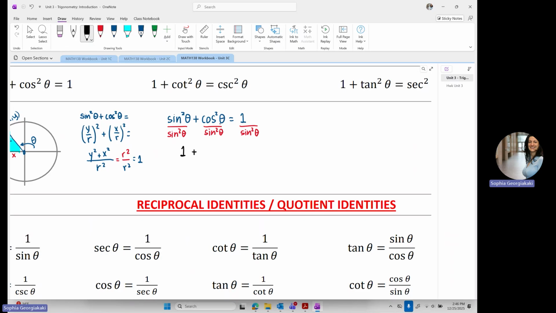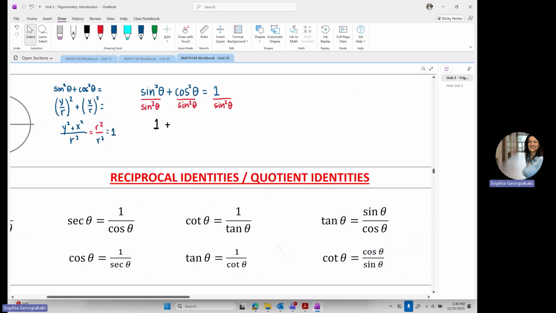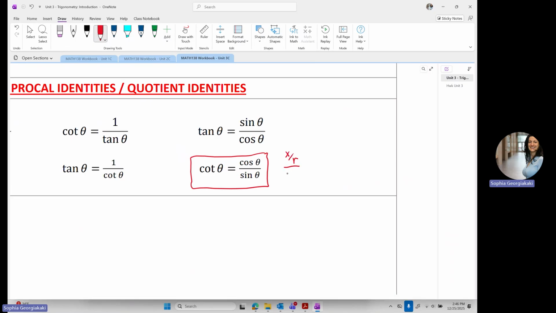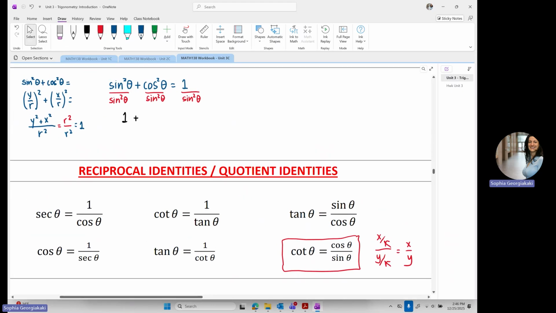The cosine squared over the sine squared is equal to the cotangent squared of theta. Why is that true? Because the cosine is x over r, and the sine is y over r, and the r will simplify, and that will give me x over y, which is the cotangent of theta. So this will be x squared over y squared, which is the cotangent squared of theta.